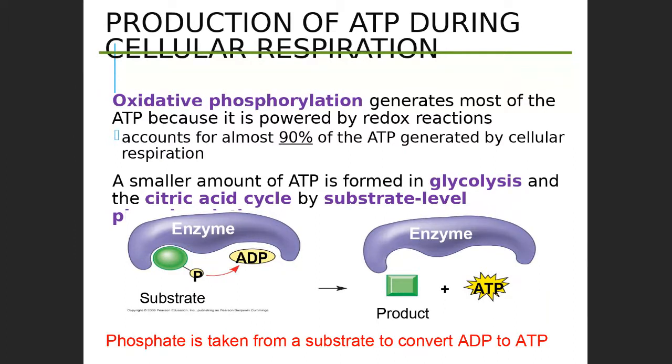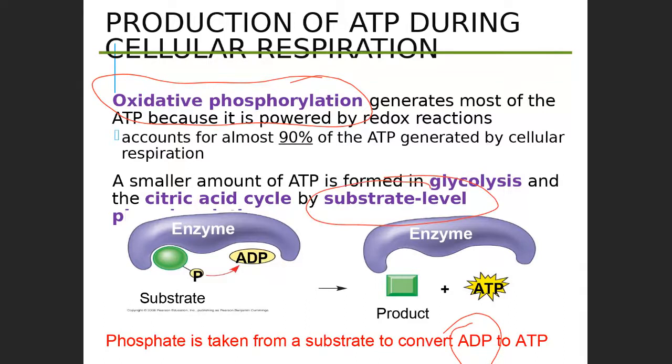So let's talk about the first stage now that we understand all this. Remember, to produce ATP, I need ADP plus phosphate, either by oxidative phosphorylation or by substrate level phosphorylation.